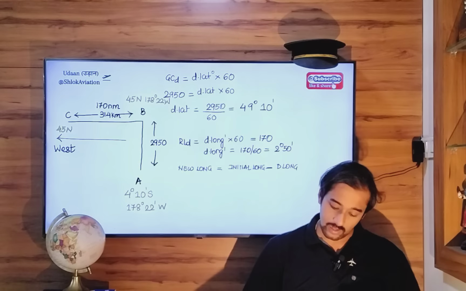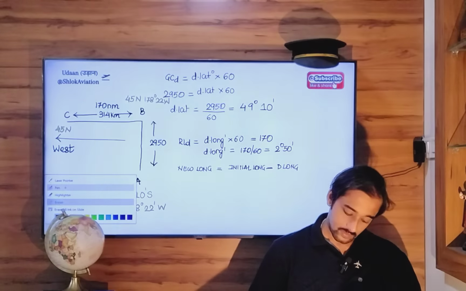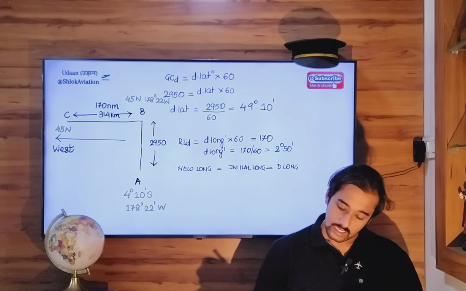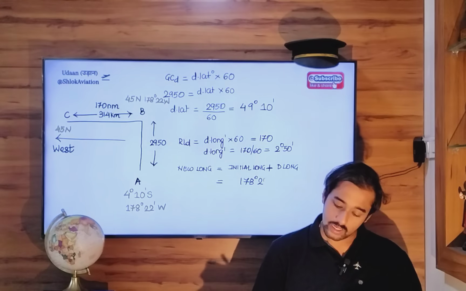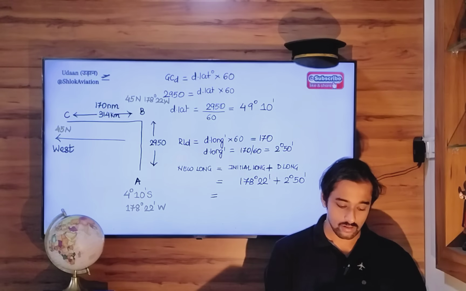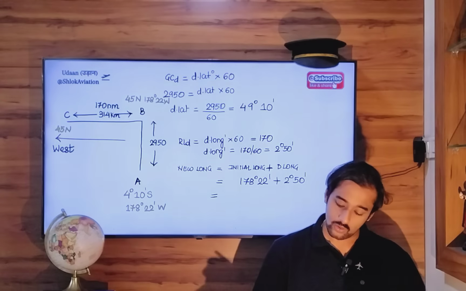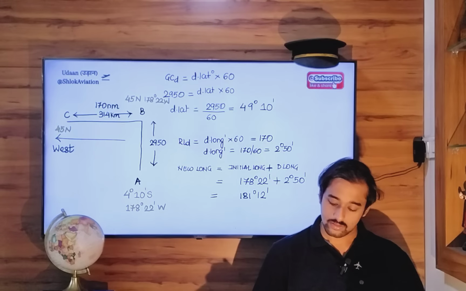So new longitude will be initial longitude plus the d long. So 178 degree 22 minutes plus 2 degree 50 minutes is equal to 181 degree 12 minutes.